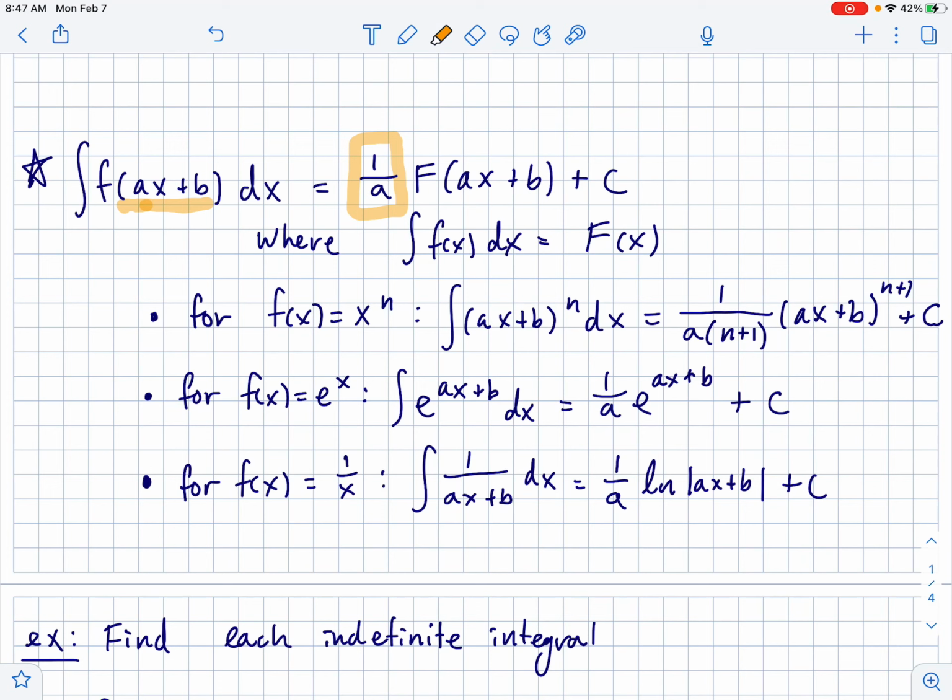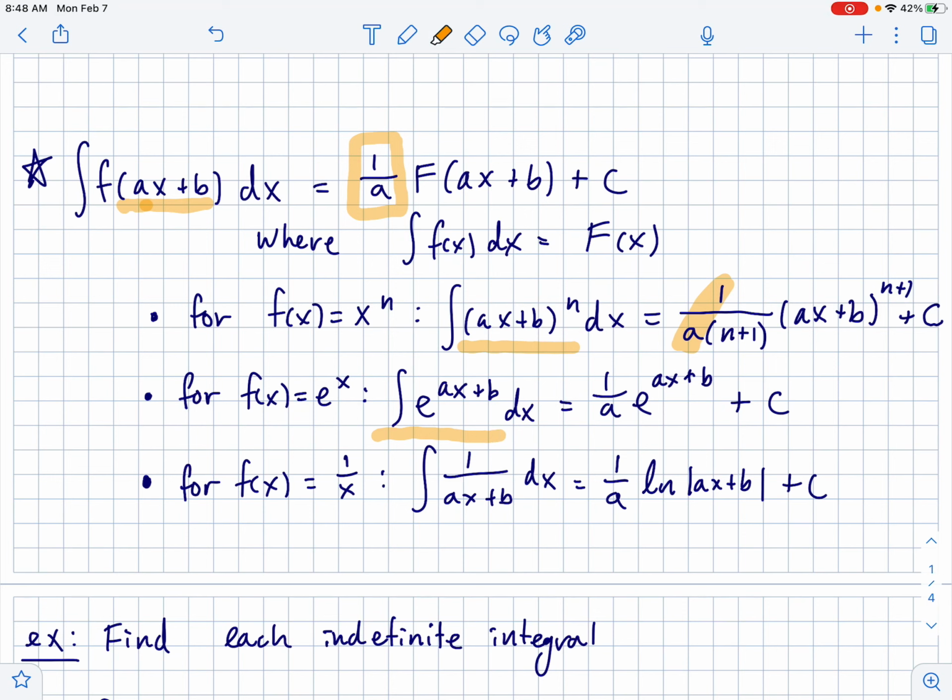But you have to do this 1 over a piece. Because the 1 over a will cancel out the a that was supposed to come out in front when you do the times the derivative of the inside.